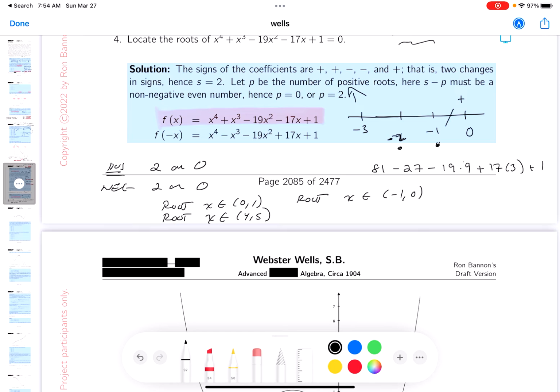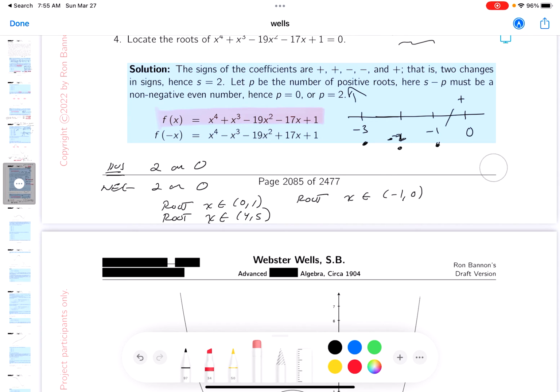Let's see what you get there. 81 minus 27. And that's going to be 90 and 81, 171. And then what do you get? That's going to be 30 and 21, 51 plus 1. Let's kind of add it together. 81 and 51, that's 82, 132, 133. Definitely negative still, all right? Well, that's covered. Let's keep going.